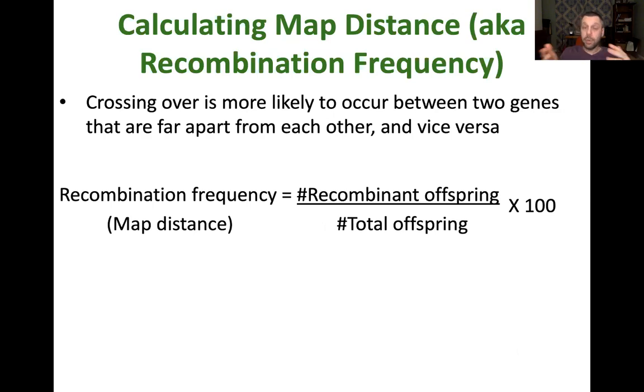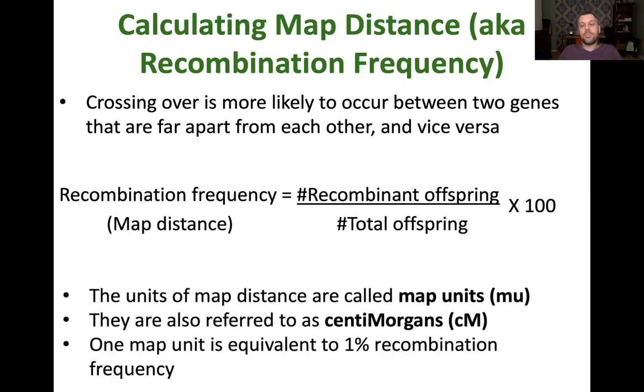The number of recombinant offspring is always lower than non-recombinant offspring. You divide recombinant by total, multiply by 100 to give you a percentage, and that gives you the recombination frequency or map distance between 2 genes. We'll look at how you calculate that in more detail in just a second.